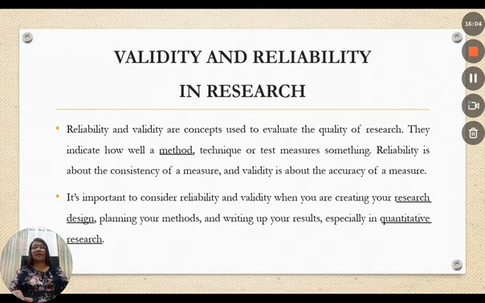Reliability is about the consistency of a measure, and validity is about the accuracy of a measure. It's important to consider reliability and validity when you are creating your research design, planning methods, and writing results, especially in quantitative research.